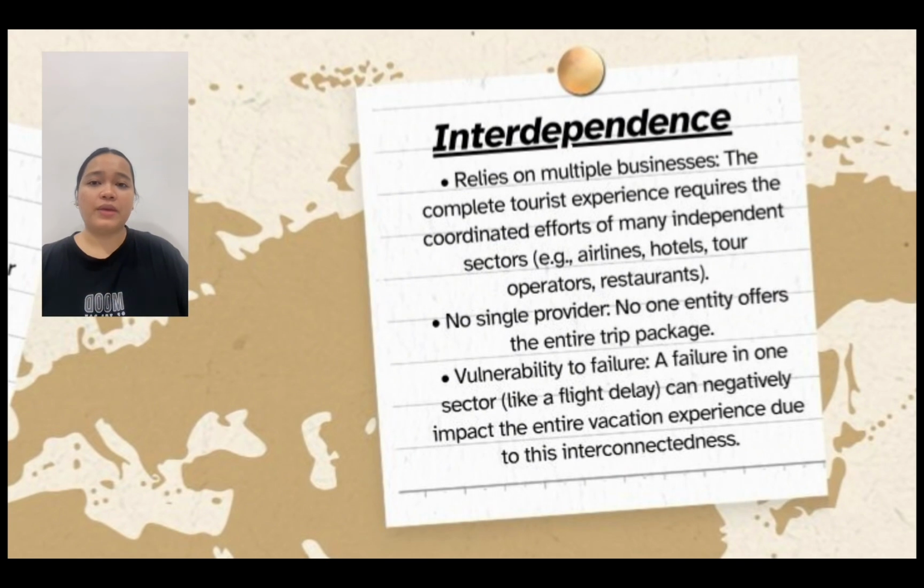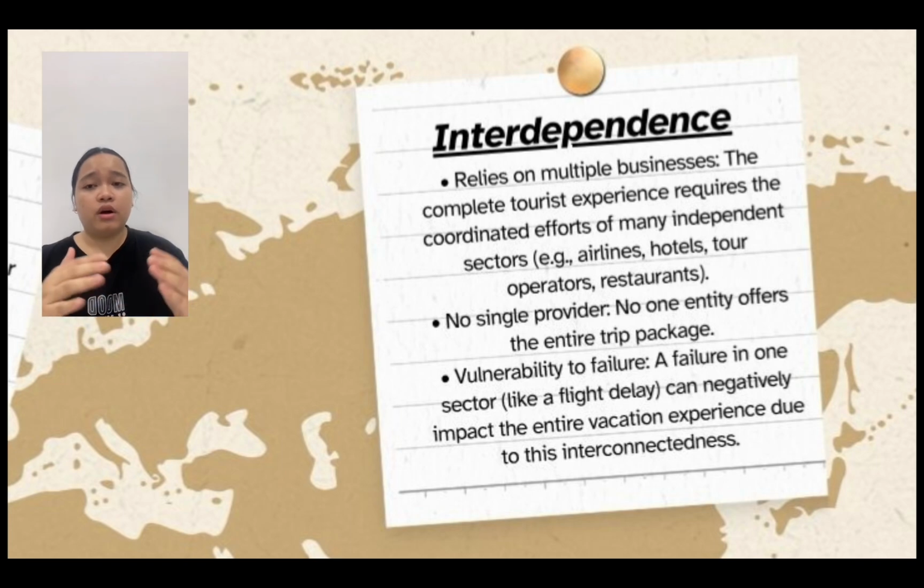The last main characteristic of the nature of tourism is interdependence. Tourism is built on interdependence among different sectors. A traveler's overall experience depends on the smooth coordination of transportation, accommodation, attractions, food, and entertainment providers.